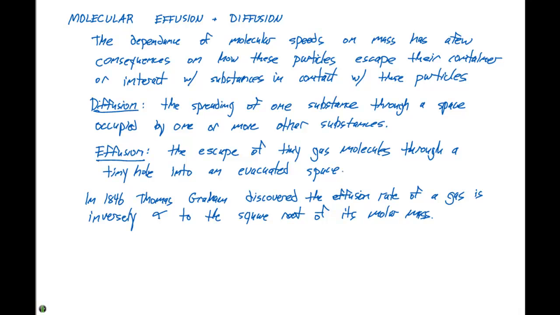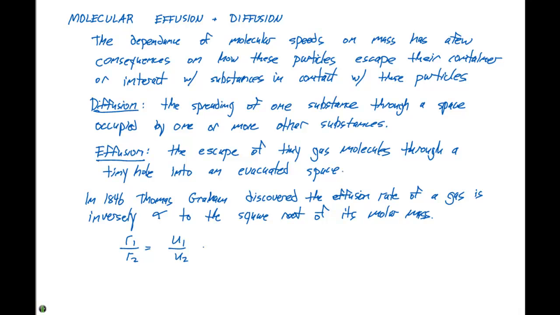So if we were going to compare two gases, gas 1 and gas 2, we can look at the different rates of effusion. So R1 divided by R2 was shown to be equal to u1 over u2, which is our root mean square speed.